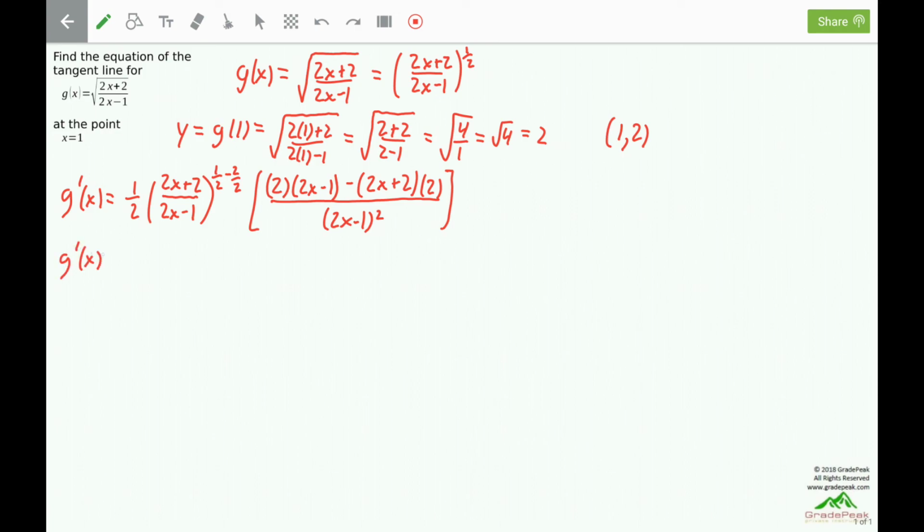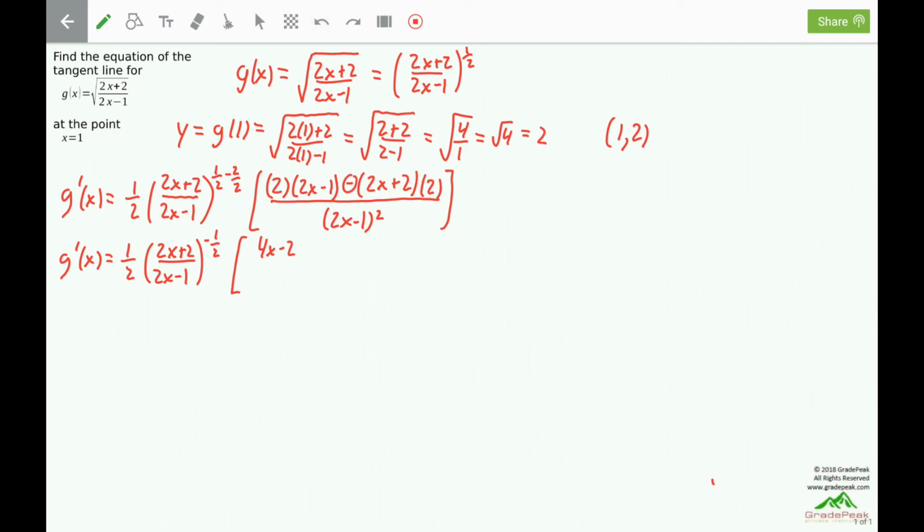So g prime of x is 1/2 times (2x plus 2 over 2x minus 1) to the 1 minus 2, negative 1/2 power. In the square brackets, I'll distribute this 2 in here. And we have a 4x minus 2. And I'm going to distribute the negative 2 into here.